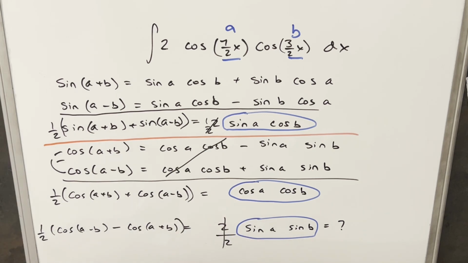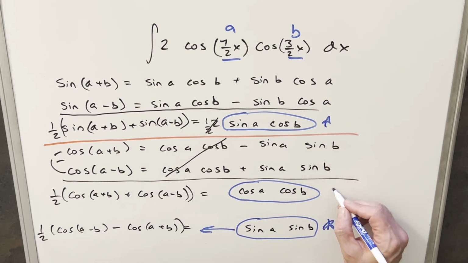This is going to cancel here. This question mark is going to go away. I can erase this business. And then we get our different angle formula for sine A sine B. But I should probably move it a little bit to the left, right? But again, we don't need this formula and this formula for this problem. We really just need this cosine A times cosine B formula.